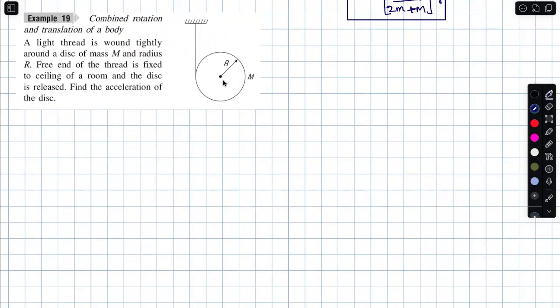Find the acceleration of the disc. Mg minus T is equal to M A_CM. Right.